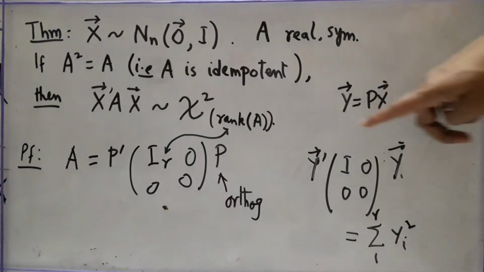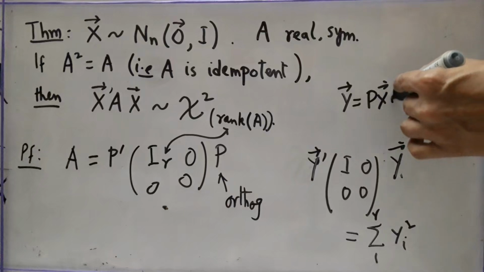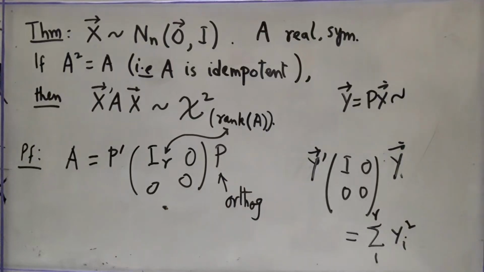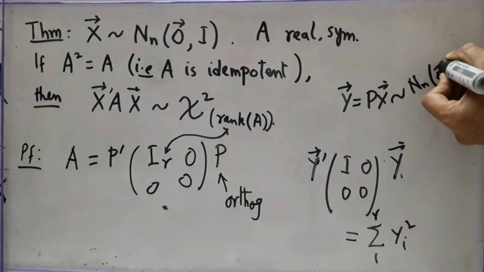Now observe that the distribution of Y can be very easily obtained. X follows normal (0, I), so what can you say about the distribution of Y? That will be again multivariate normal with mean 0, since it gets multiplied with P, but that keeps it 0.